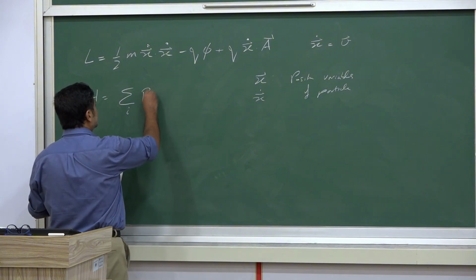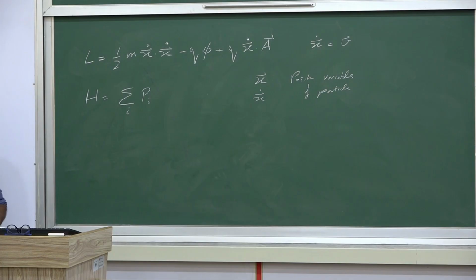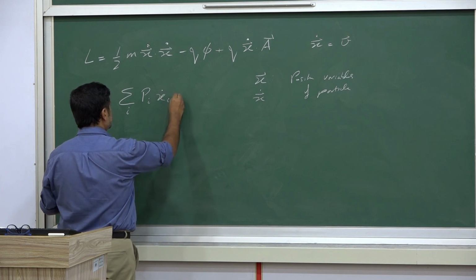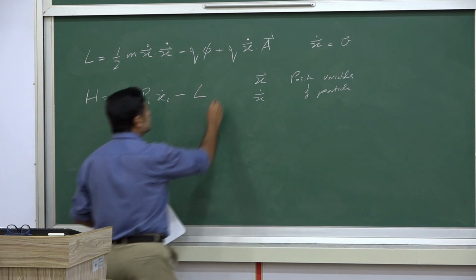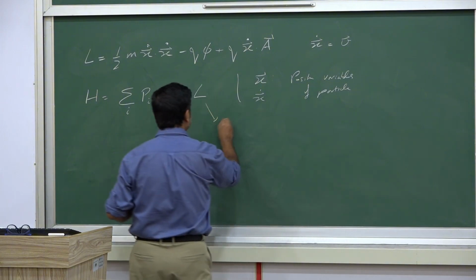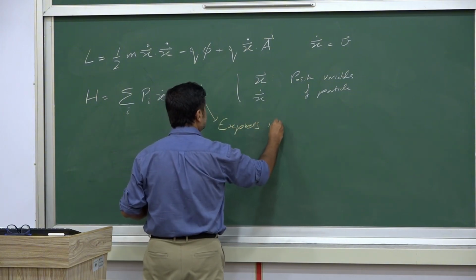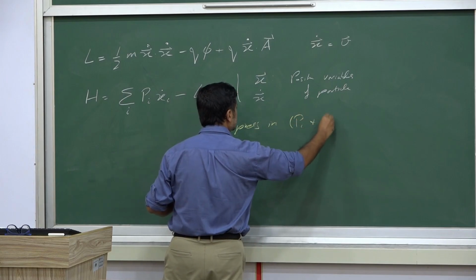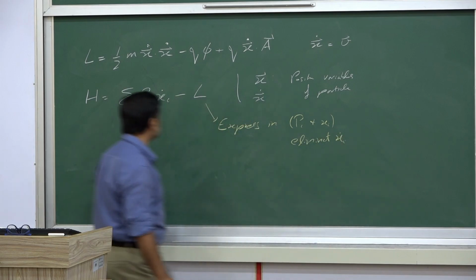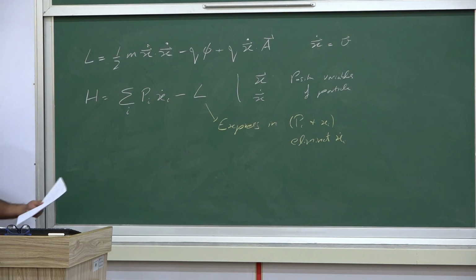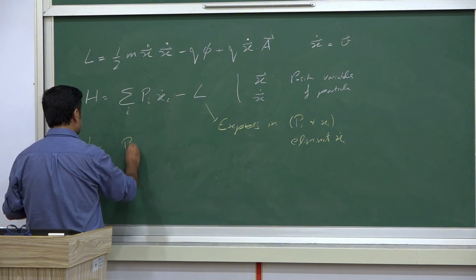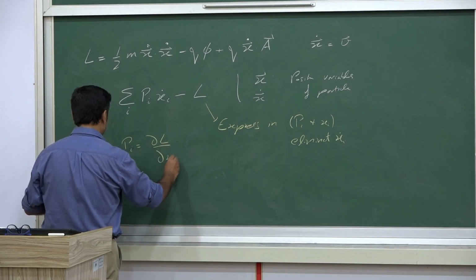You're supposed to invent new variables, Pi, and do this process, and then you express it in terms of them and eliminate the velocities, where these Pi's are defined this way.